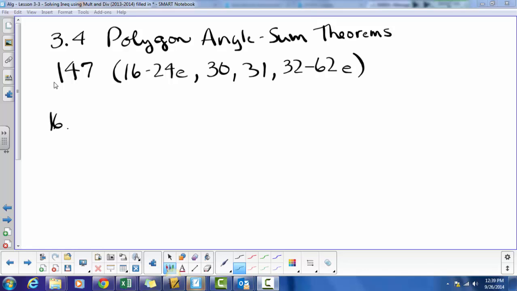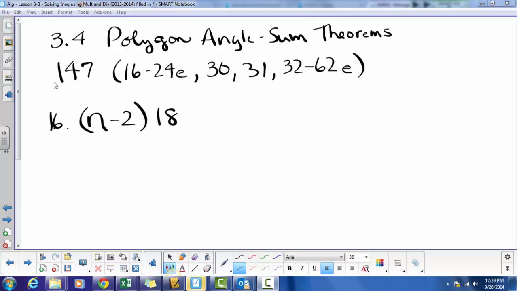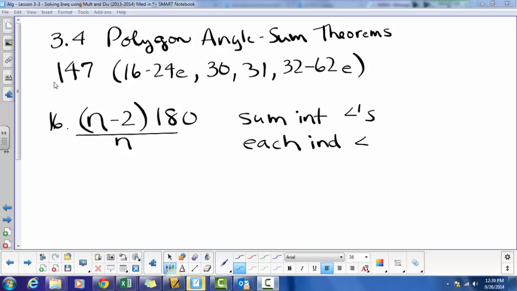16. Remember the formula, n minus 2 times 180 is going to give us the sum of the interior angles of a polygon. When we divide this by n, this will give us each individual angle.